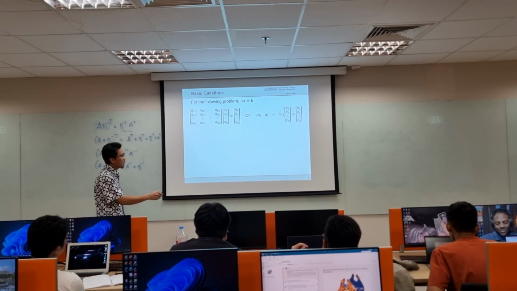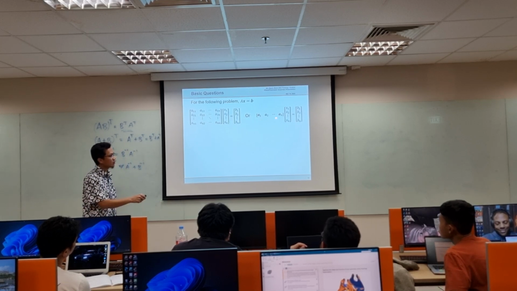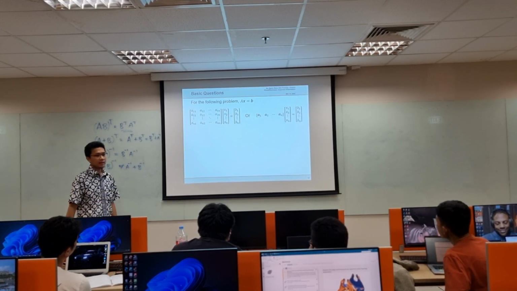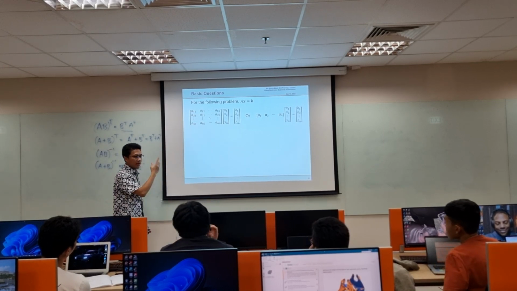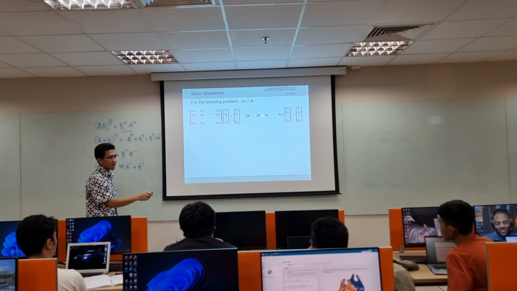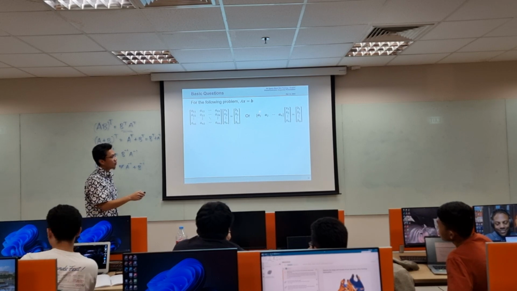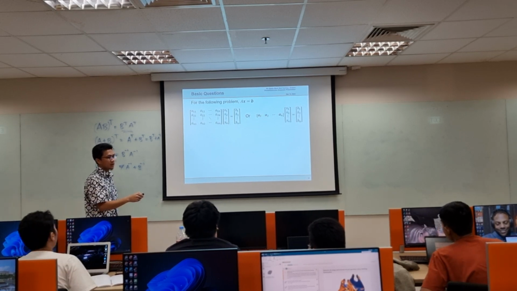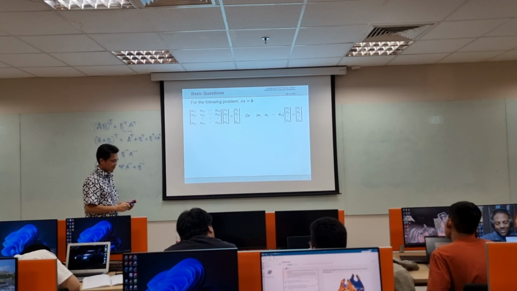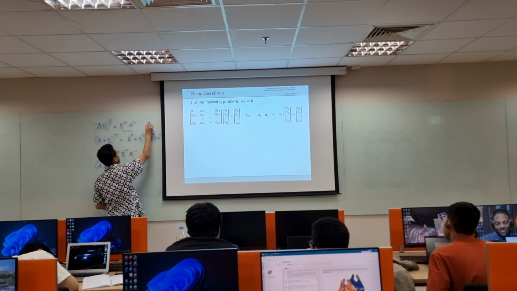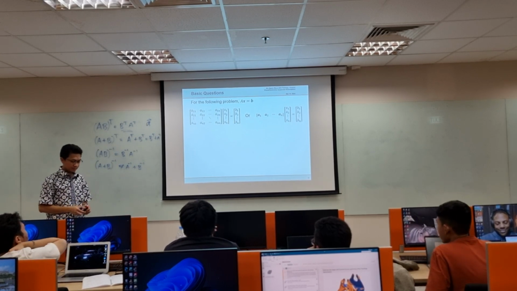If I want to see it column-wise for A, I can say this, a1, a2 up to an, like that. So the first column, I call it vector a1. For a vector, I make a notation of bold, or sometimes you can also make an arrow on top of the letter. That's a vector.